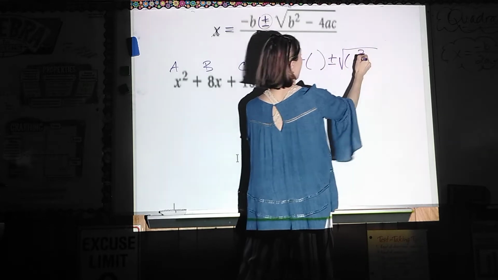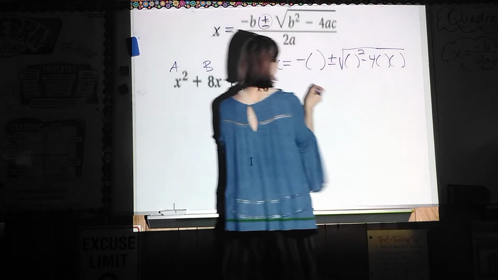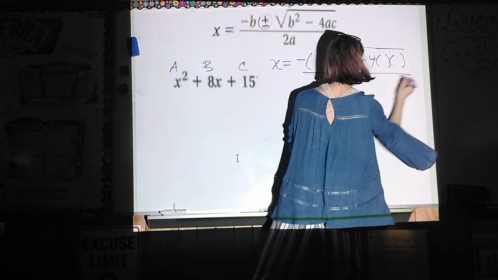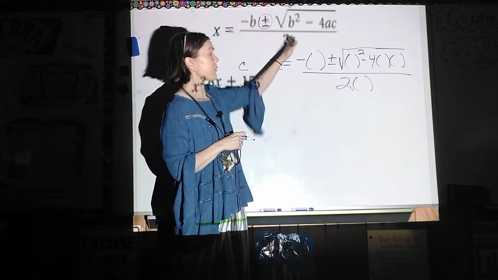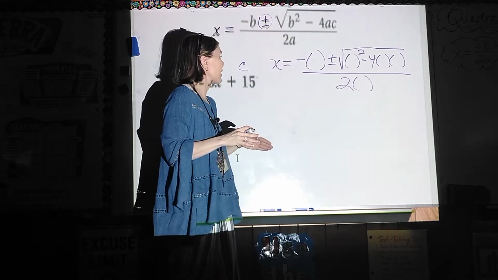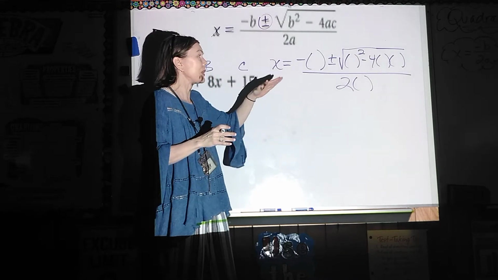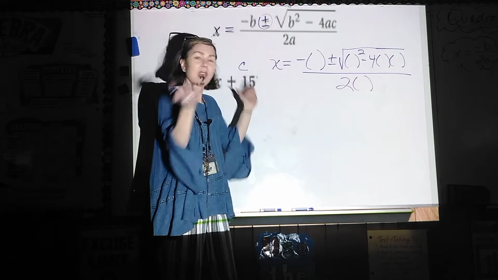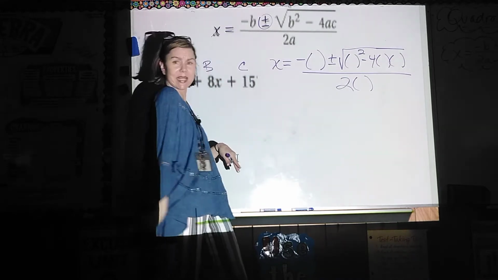Empty squared minus 4 times empty, and then all divided by 2 times empty, because wherever there was a variable, I put an empty space. And that's it basically. You're going to fill in your A, B, and C, do the math, and be done with it. Seriously, easy peasy.